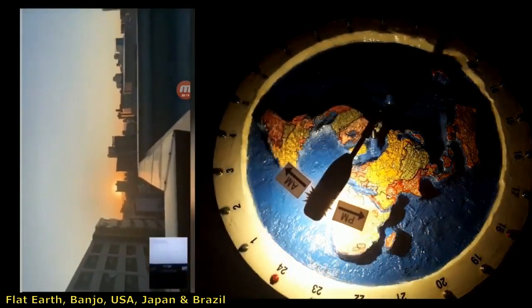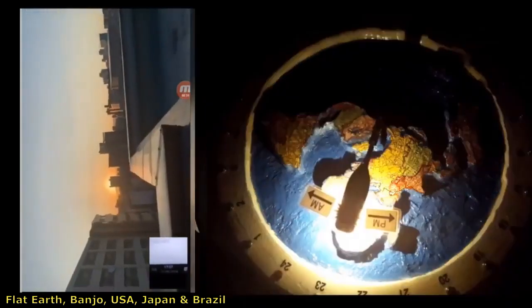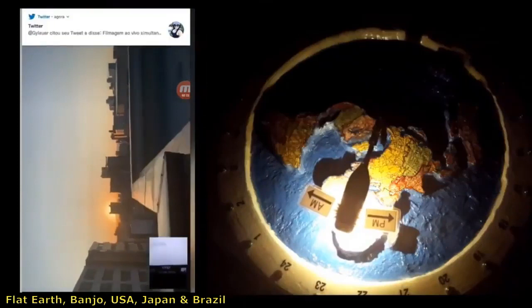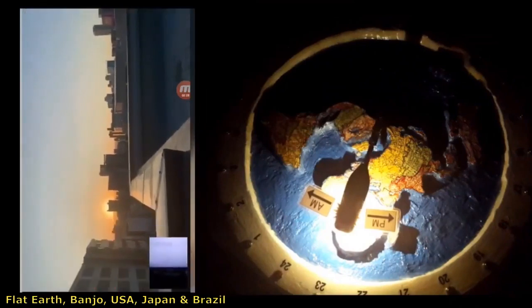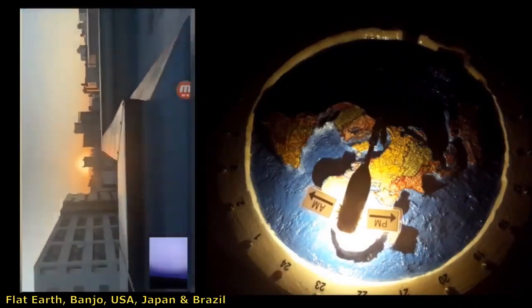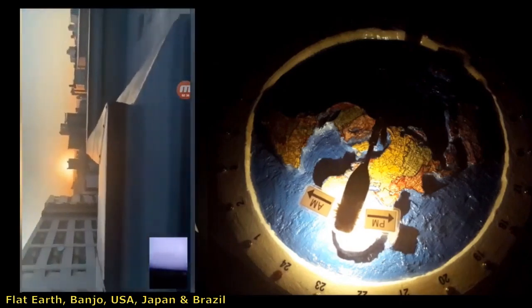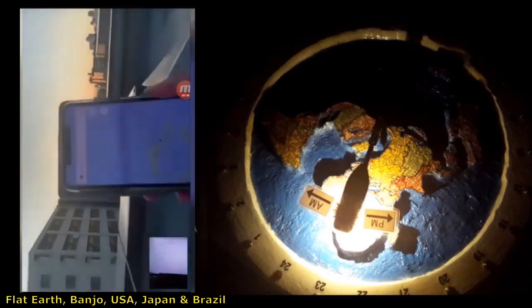While it was almost 6 a.m. in Brazil, the sun was rising. So at this moment, the sun is directly above Africa. As you can see on the model, on the side, my flat Earth model, I have the sun stopping right above Africa and showing how it can be sunrise in Brazil and sunset in Japan.